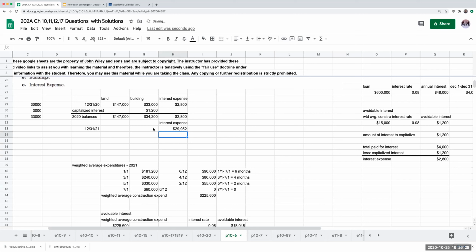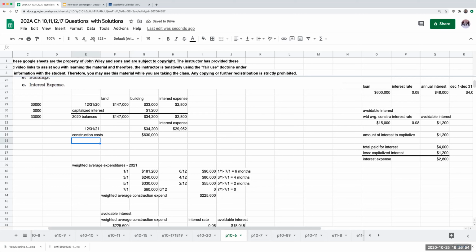Now, when it comes to the value of the building, I'm starting here with 34,200. During the year, I added 240 plus 330 plus 60,000, or 630,000. So this is my construction costs.